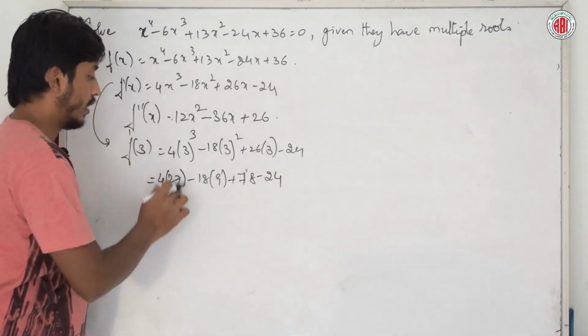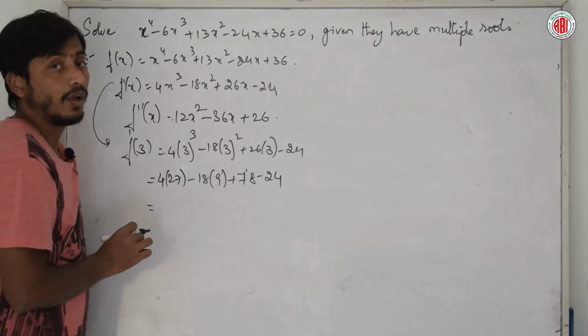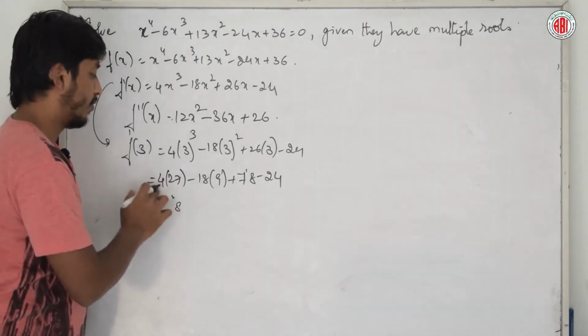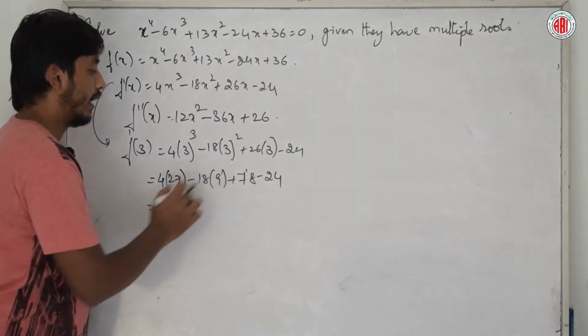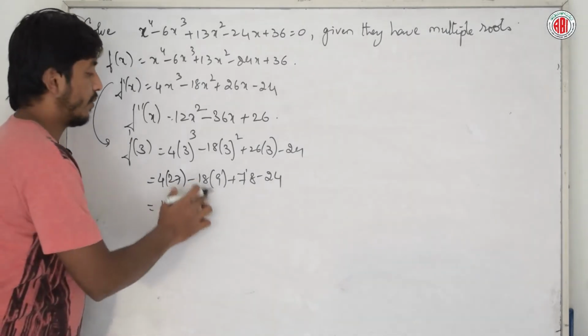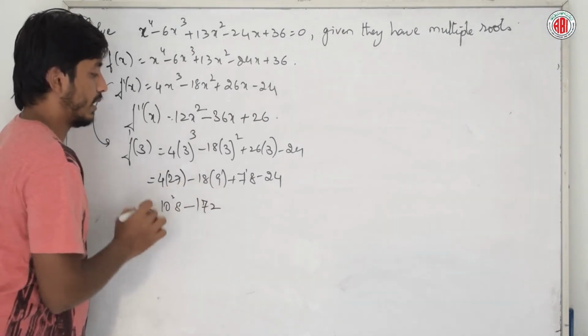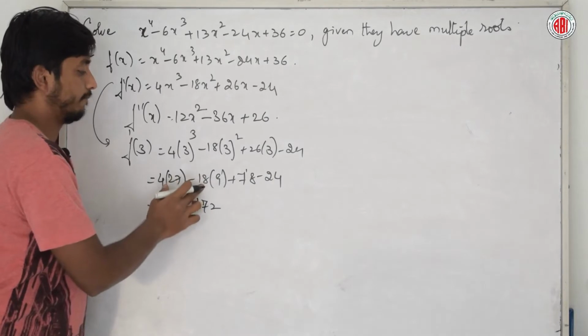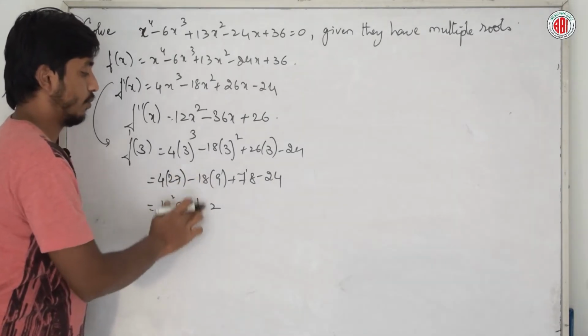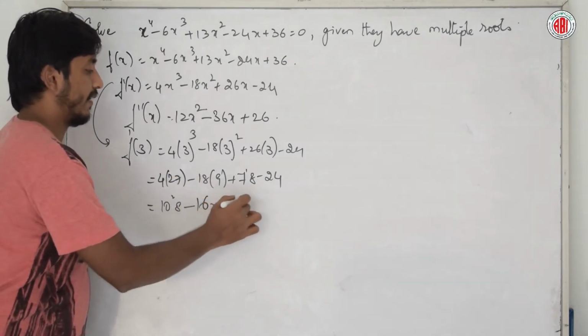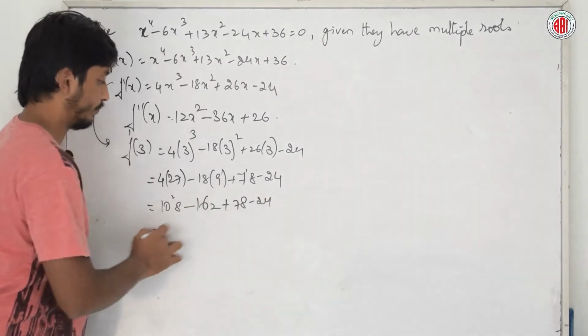27 into 4: 7 fours are 28, 4 twos are 8, that is 108. 18 into 9: how much is it? Sorry, 162. Plus 78 minus 24.